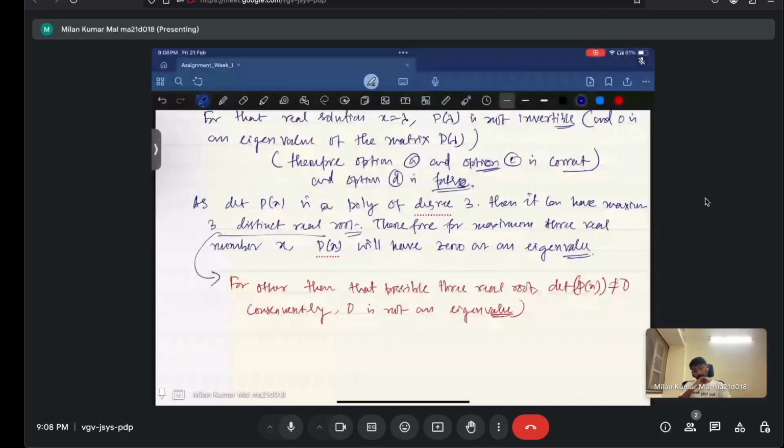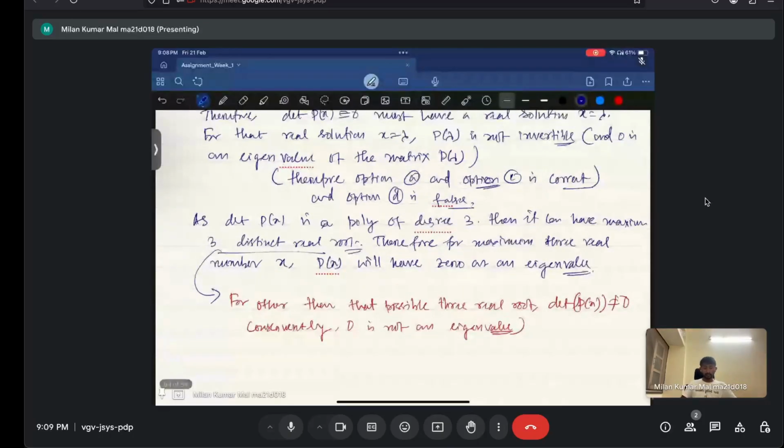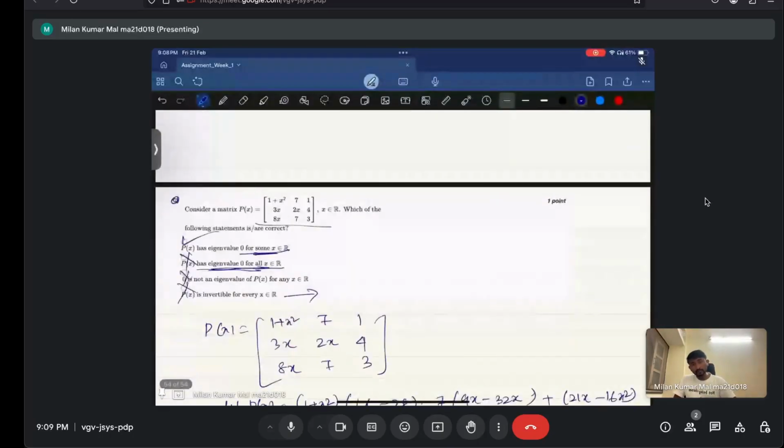So there must exist an x for which the matrix px has eigenvalue 0, and secondly that px is invertible for every x is cancelling out, and third that 0 is not an eigenvalue of px for any x is also cancelling out. But as the determinant of px is a degree 3 polynomial, px can have 3 different values of x for which 0 can be an eigenvalue, but not for all x belongs to R. So therefore the third option is also not correct.